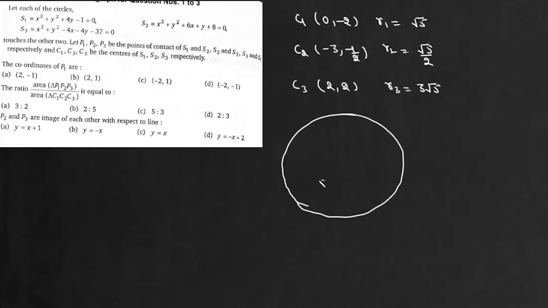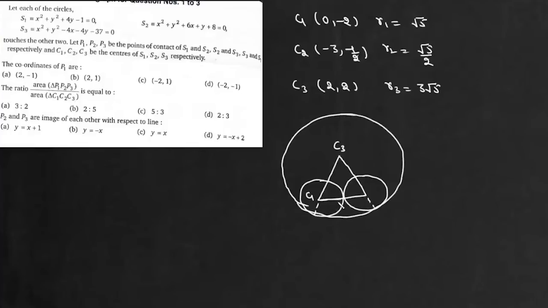Now this C3, it is a bigger circle. And the other two circles, they touch C3 internally and they touch each other externally. So this is C3. And then we have C1 and C2.